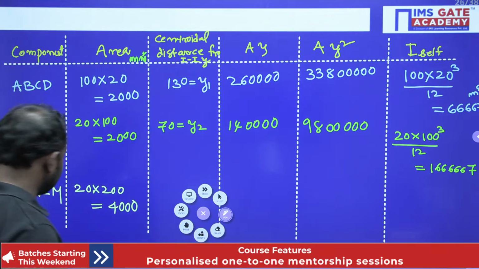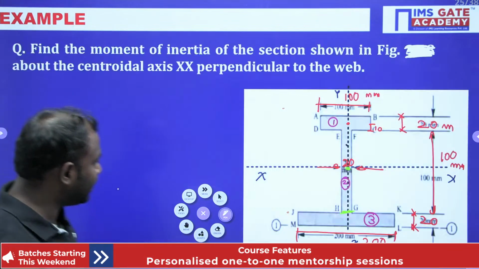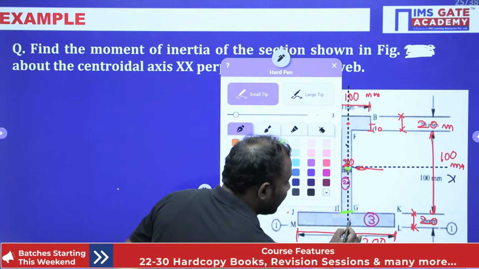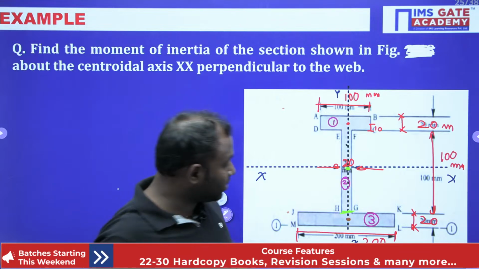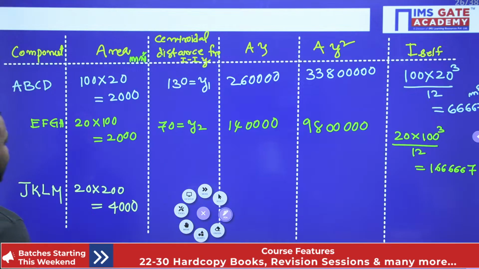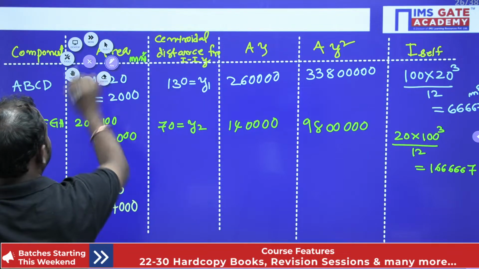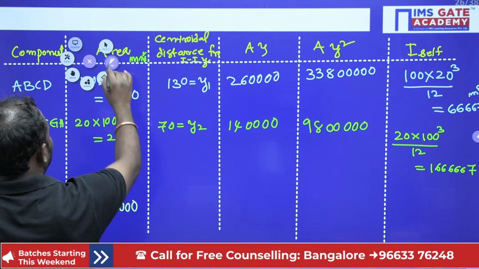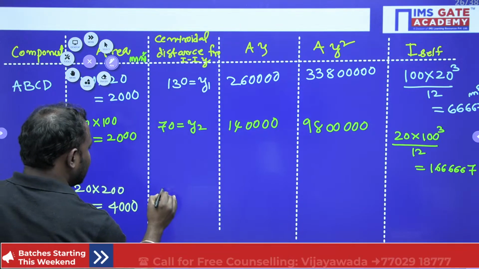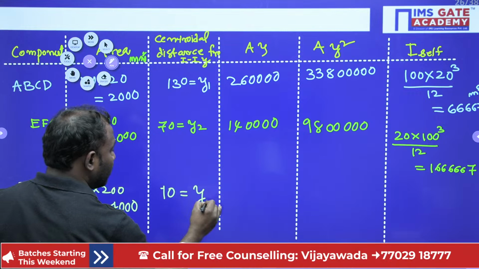Now, decide this centroid. Obviously, I know that my centroid is exactly at the bottom, half of the 20, so y3 is 10, right? Y3 is 10.